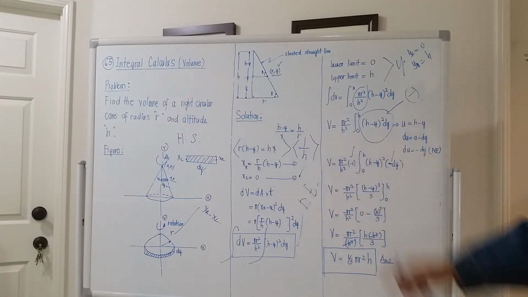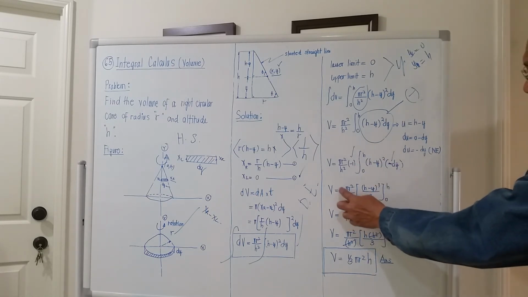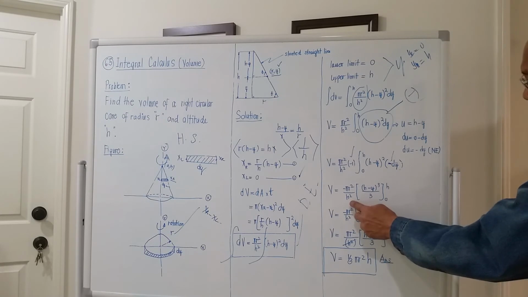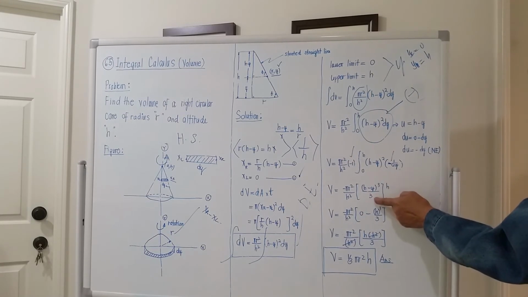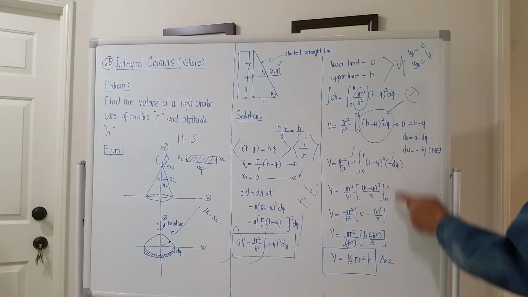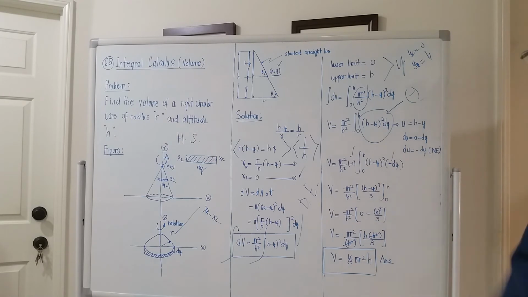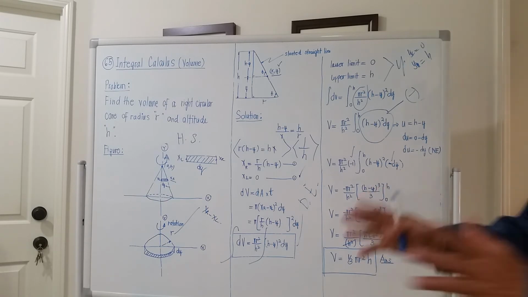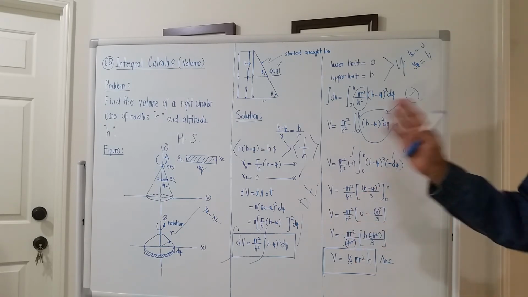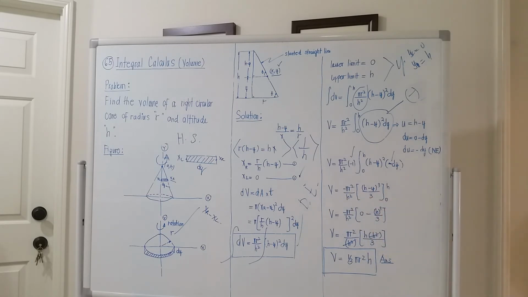So volume will be negative pi r square over h square times the quantity (h minus y) to the third power over 3, with the limit from 0 to h. This is a negative sign, guys, but don't be afraid of the negative sign. There is no such thing as negative volume. Later on, the volume will come out positive.